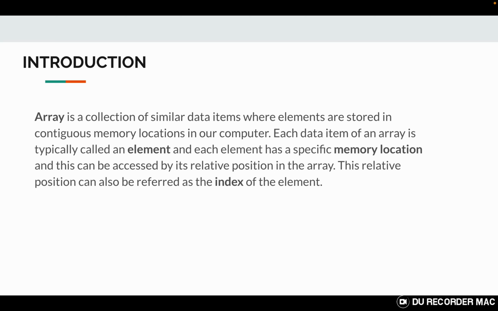When I say similar data type items, it can be integers, it can be characters, or it can be floating numbers, right? So if you have a set of integers, say 20, 25, 30, 35, 80, all these integers are clubbed together in a continuous memory location, and this is very important.